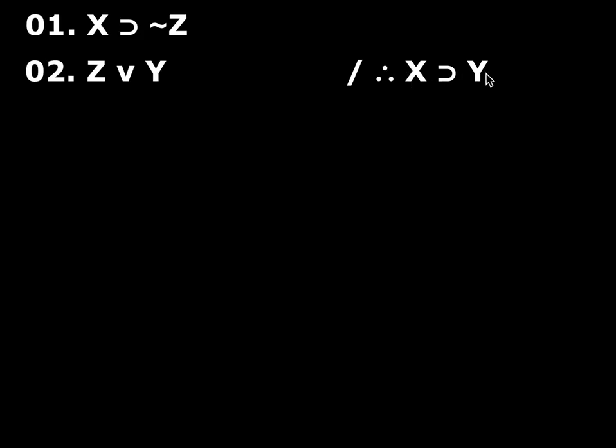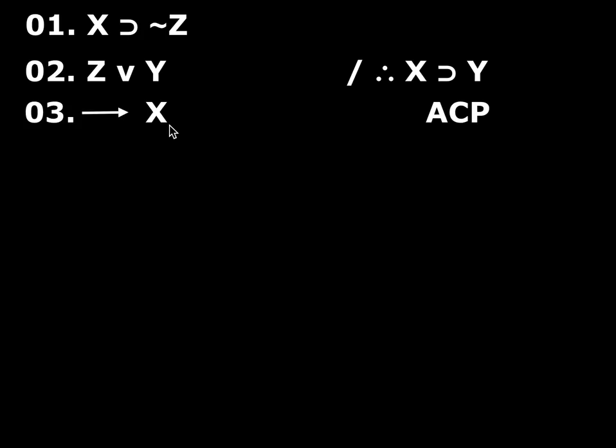Since this is the conditional I want, if X then Y, that tells me what my ACP is going to be, and it also tells me when I should end the subproof. I'm going to assume X, and I'm going to end the subproof when I derive Y. So assume X, I'm going to indent with an arrow. Justification is ACP. And now my goal is just to derive Y.